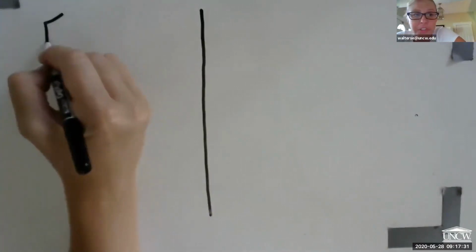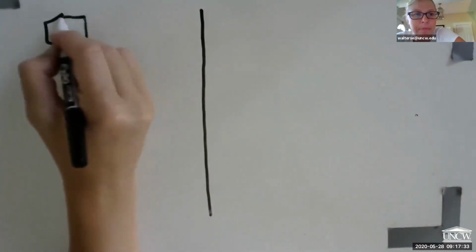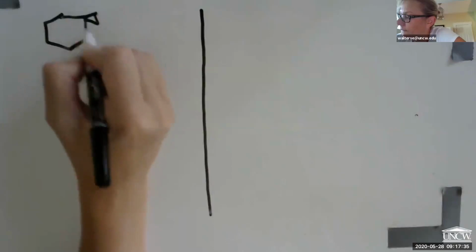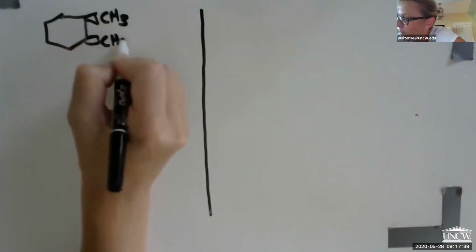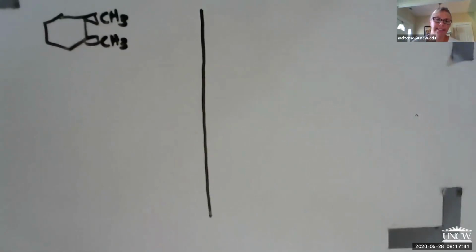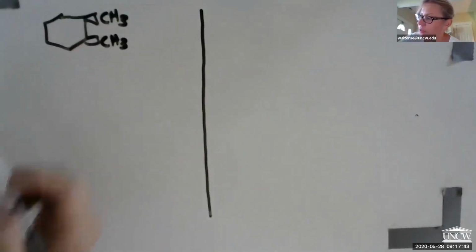So the first ring looks like this. You can name this.